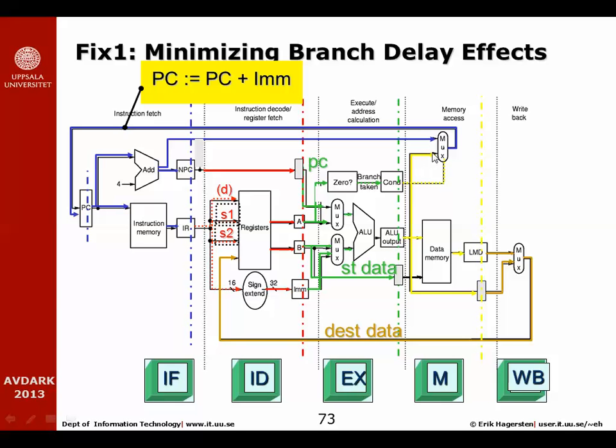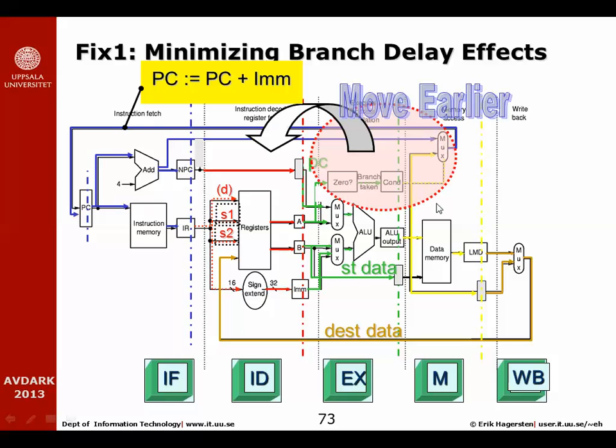And then, depending on the outcome of the branch, whatever bit is stored here, we're going to choose either the yellow path or the purple path, where the yellow path is branch taken and the purple path is branch not taken. So the fix here is we're going to duplicate, instead of having this ALU do that kind of work, we can actually move lots of stuff earlier.